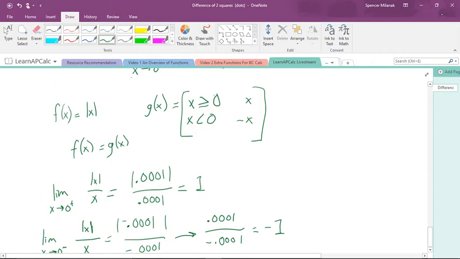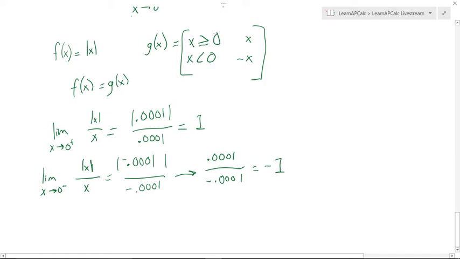And I'll write out the answer in another color. So again, to say that a limit doesn't exist, let's first just write out the limit.